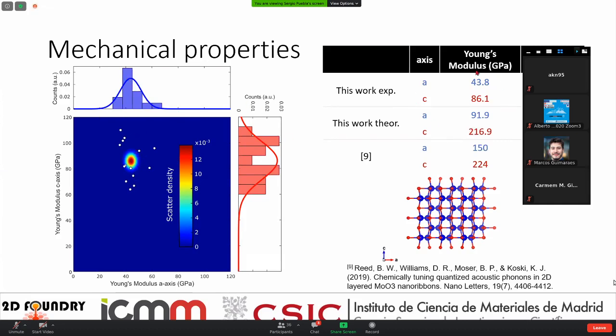And you can compare these values with other ones published. For example, this one, you see that it differs a little bit, but the anisotropy ratio, which is the division of the Young's modulus of the z-axis over the a-axis, it goes between these two values. So we find this method a good one.